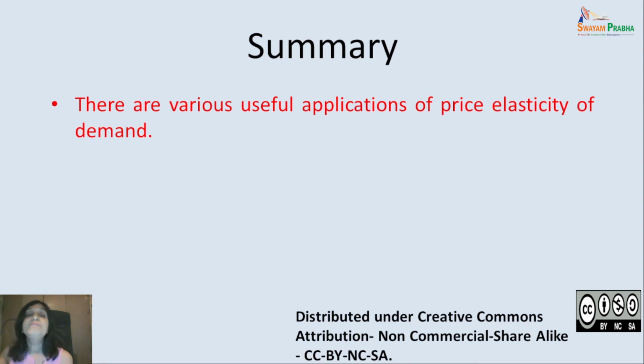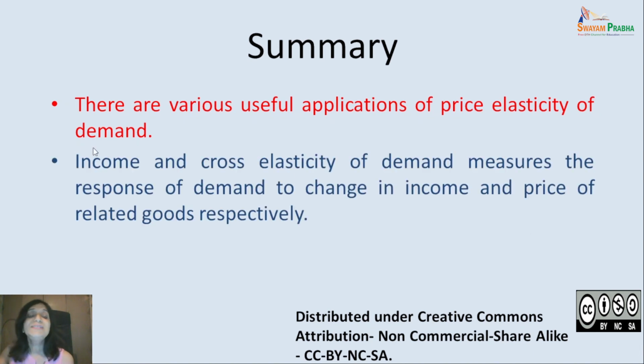Similarly, whether the government should go for devaluation, whether it will help increase foreign exchange revenue, and how to solve the paradox of plenty, can all be done by understanding the price elasticity of demand.